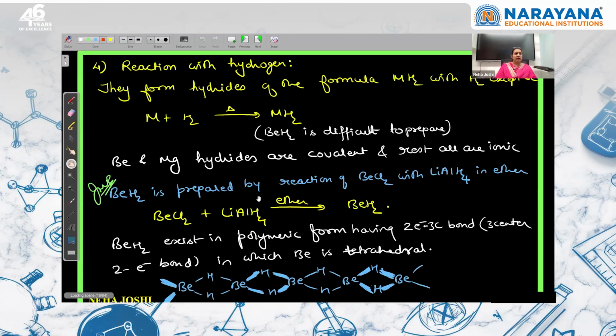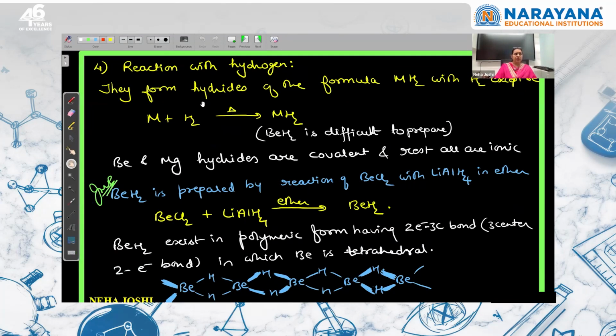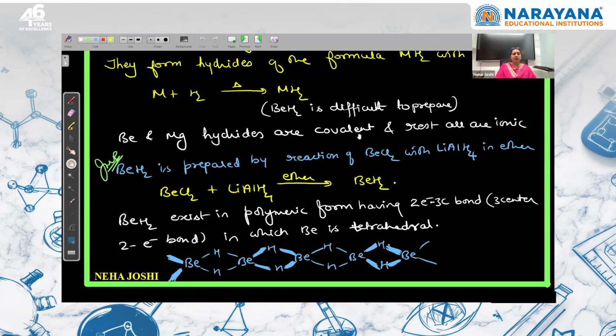Take reaction with hydrogen: they form hydrides of the formula MH2, except beryllium again, because it will form a polymeric form of hydride in a very different way. It won't react directly with hydrogen. Beryllium and magnesium hydrides are covalent, whereas the rest are ionic.